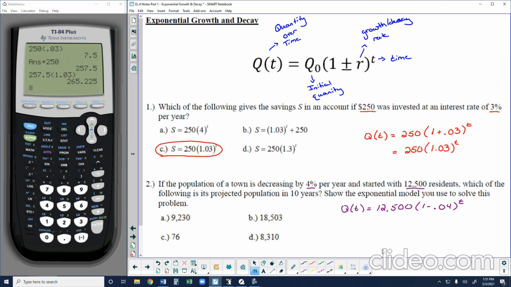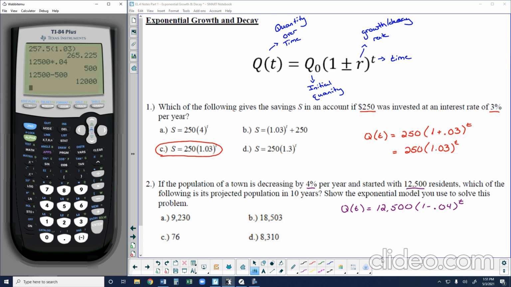Again, why it's minus: if I were to take 12,500 times the percent, which is 0.04, this would be the amount that the population would decrease in 1 year. So I would want to take the 12,500 minus this amount, 500, and this would give me the population at the end of the year.